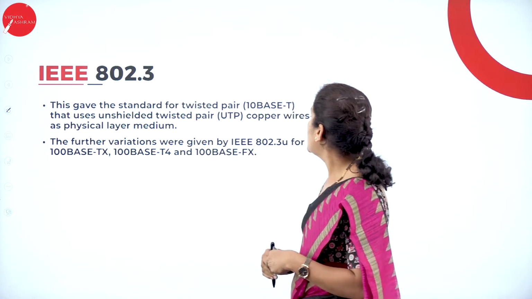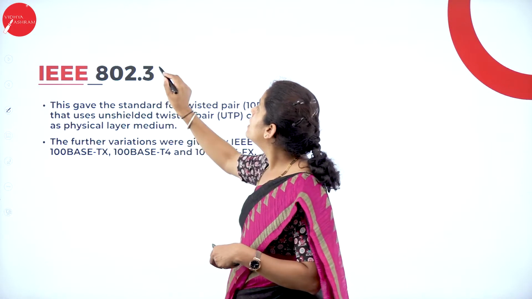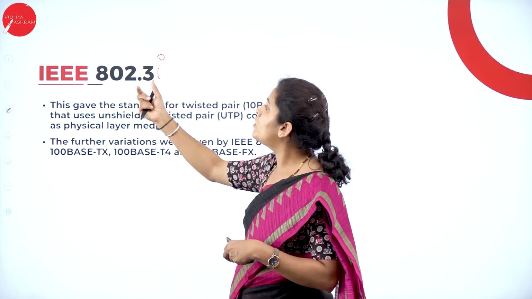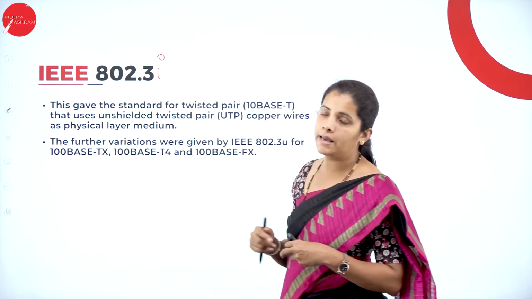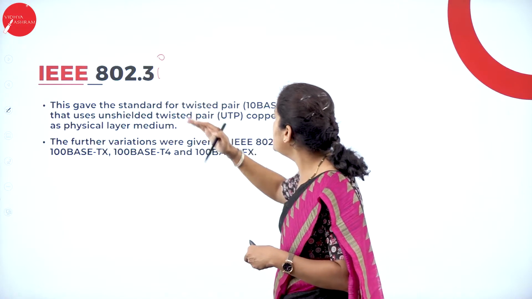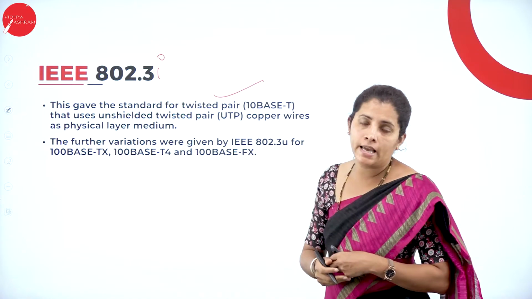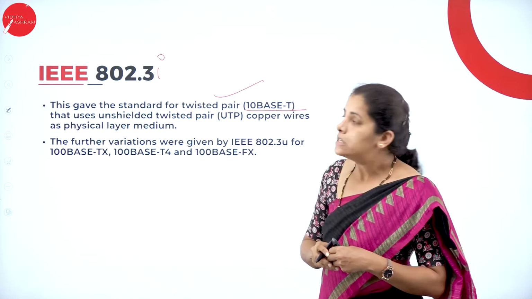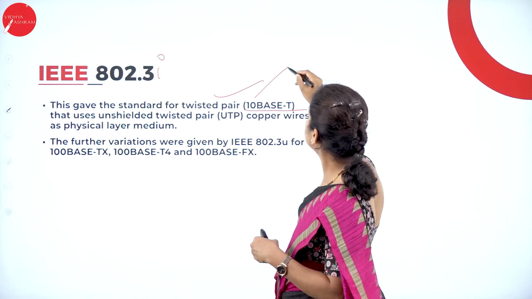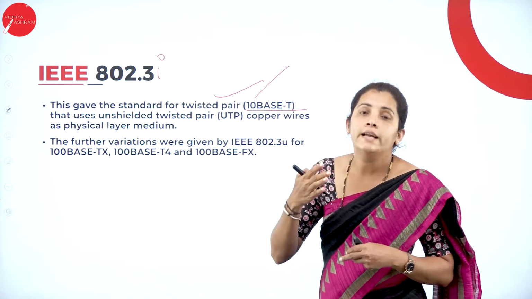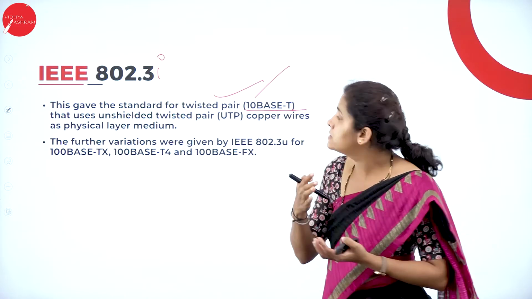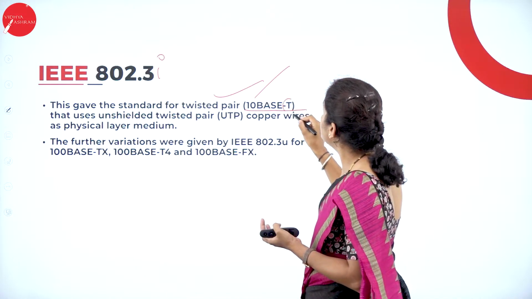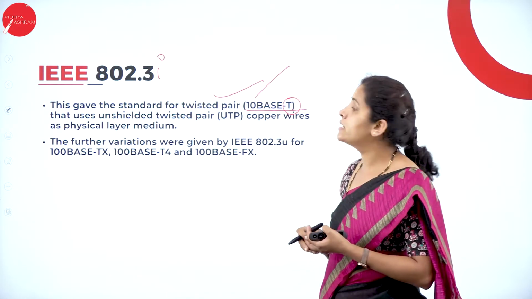The another type here is 3I, that is IEEE 802.3I. This is the standard for twisted pair cable and it is represented by 10 base T. Here 10 is the data rate, 10 megabits per second, base is baseband transmission and T is twisted pair cable.